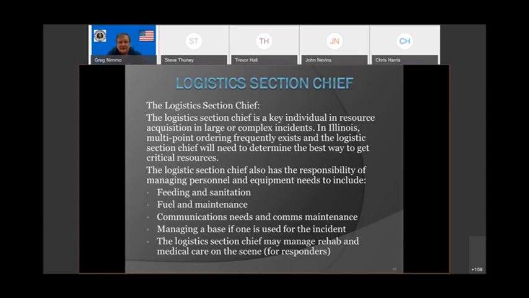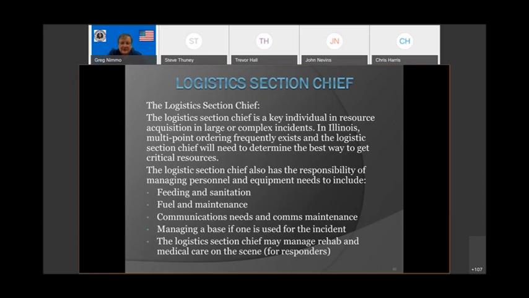The logistics section chief was able to keep track of everything that was needed, from turnout gear that someone either got dirty or lost, all the way to ladders of different sizes and chains for chainsaws if you needed it. It was sort of like walking into a Menards with 3 different trailers that were down there, and you had everything you need. Now, do we have that same kind of situation in Illinois? And the answer is yes, we do. It's just sometimes it's not as defined on the scene as it is in some of these larger incidents.